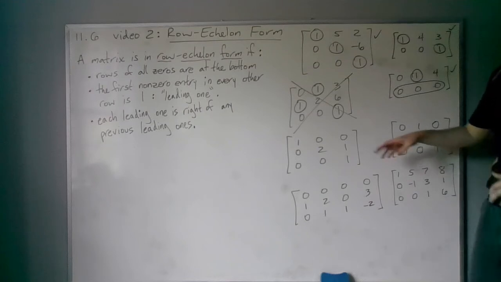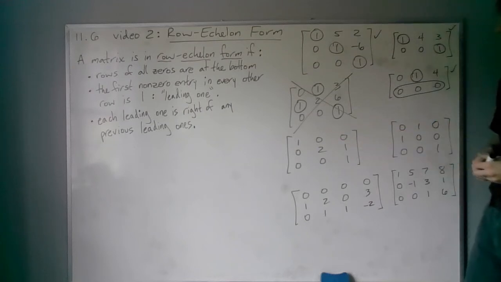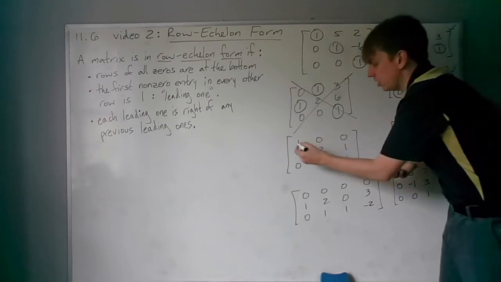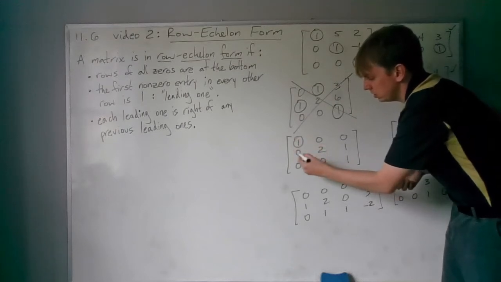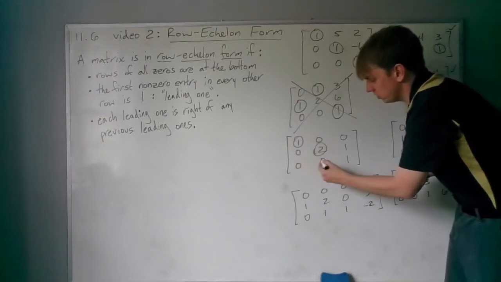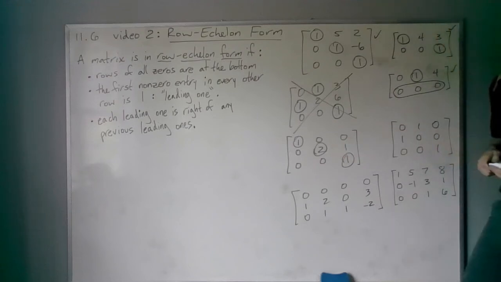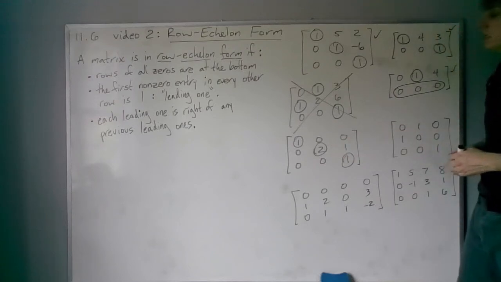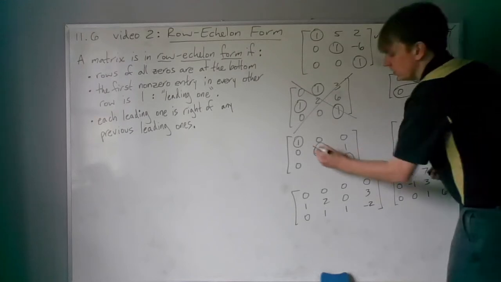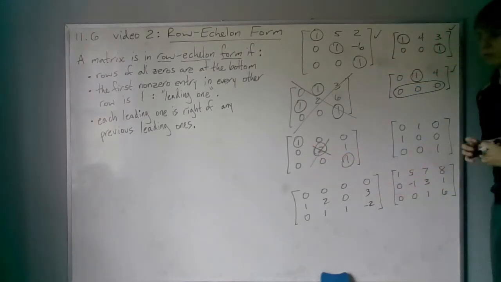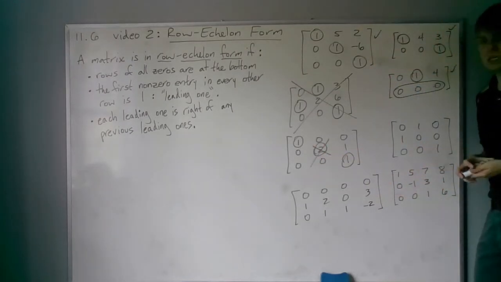Okay. Next example, there are no rows of all zeros. First non-zero number, that's a 0, that's non-zero, 0, 0, that's non-zero. But notice I circled a 2. We don't have a leading 1 in our middle row. So this matrix is also going to fail because it doesn't have a leading 1 in its second row.